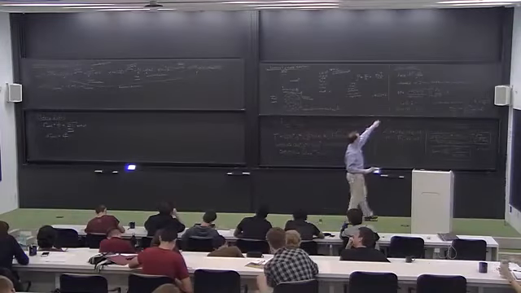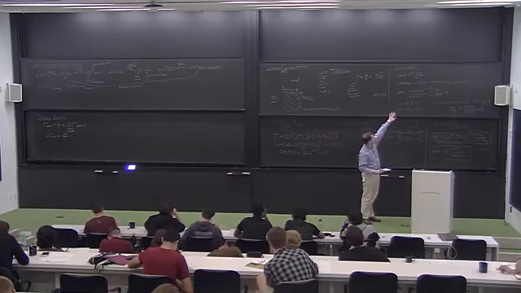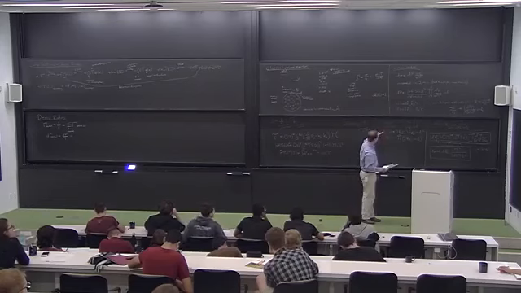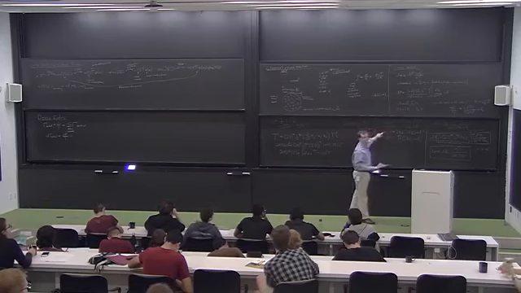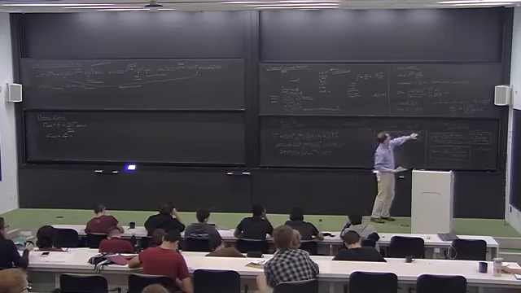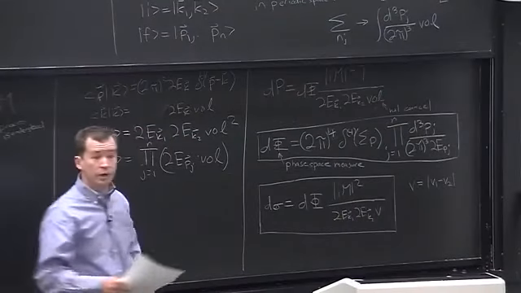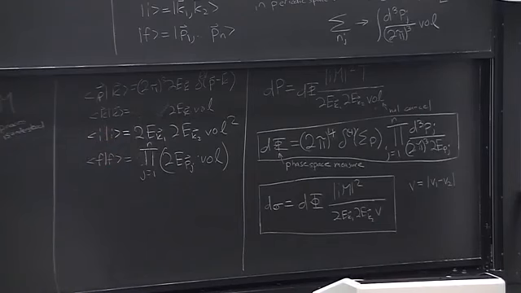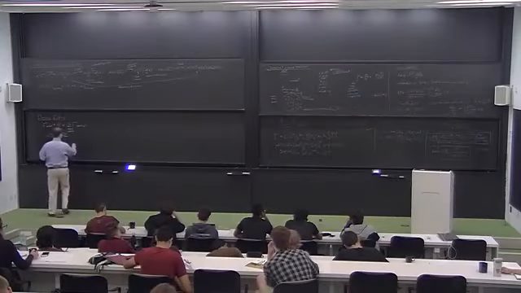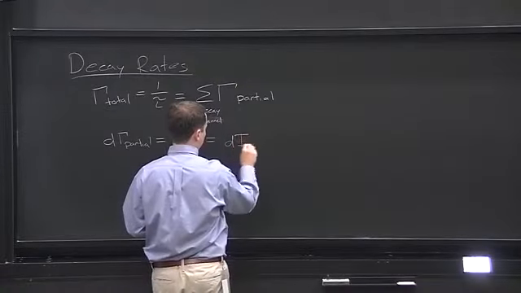One, instead of a factor of volume over V and T, we just have a 1 over T. And the other difference is that the initial state is just a single particle. So we also lose a factor of volume in the denominator, and we also lose a factor of energy.